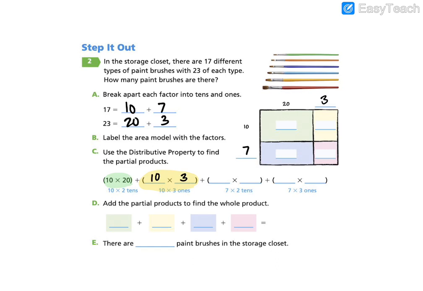Okay, so now we're going to go ahead and take a look at this blue section. This line is equal to 7. This one is equal to 20. So we have 7 times 20. And lastly, our red box is 7 and 3.